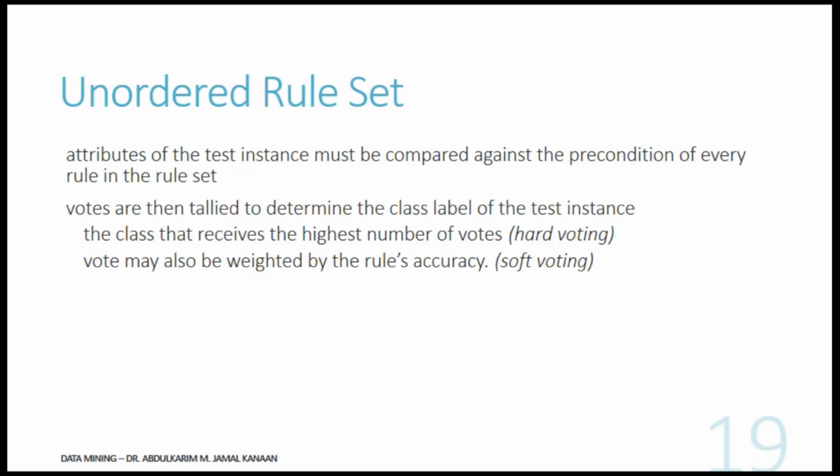After all, they just count how many people have voted for one elected person versus the other and take the majority, same as in our daily life. Soft voting, we give more weight to the rule that has higher accuracy, higher voting power. Similar to what we have done in KNN. Same idea. We have hard voting and soft voting.